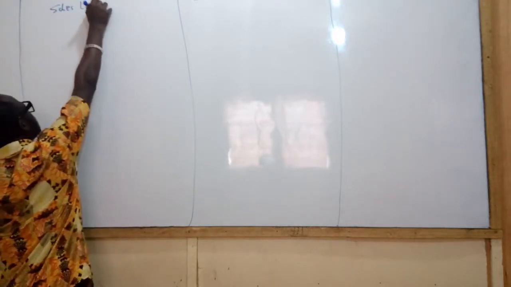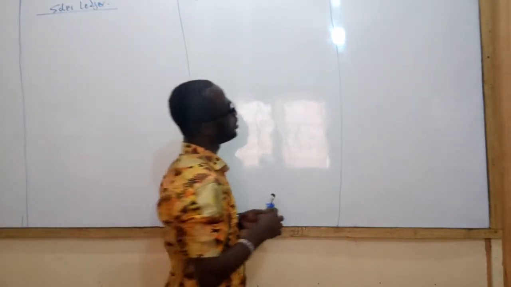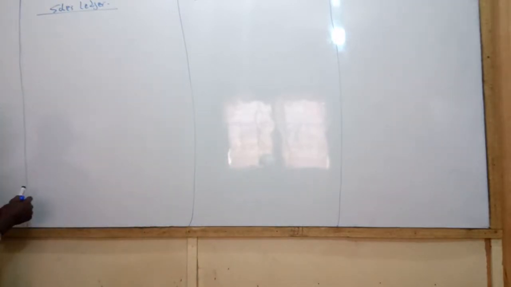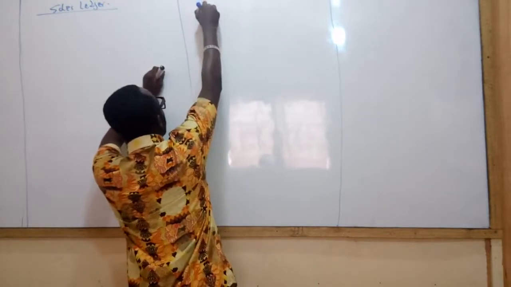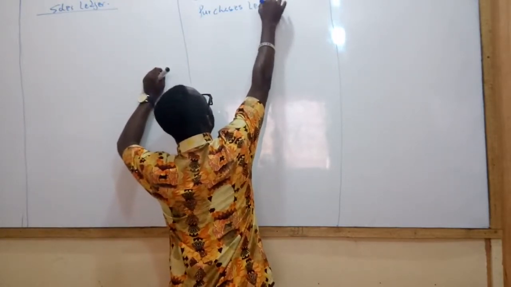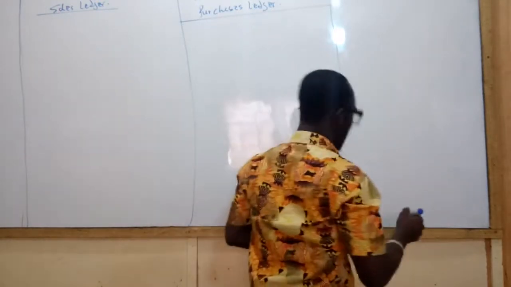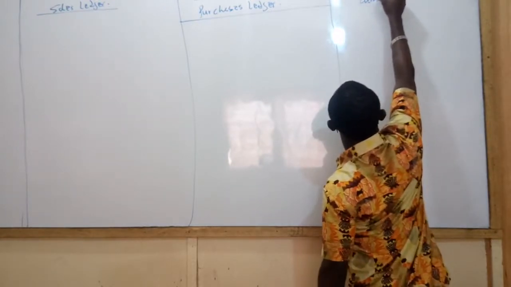We don't know how many transactions there is. Then we can put purchases ledger here. Okay. Then let me put general ledger here.